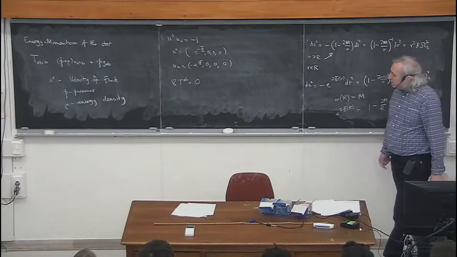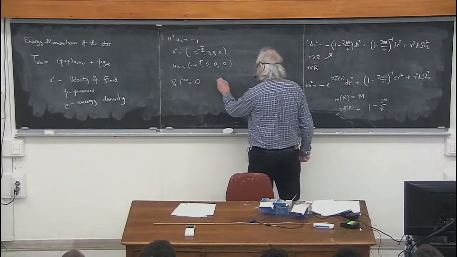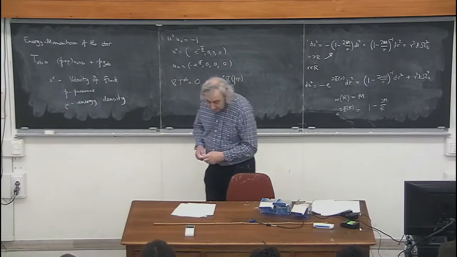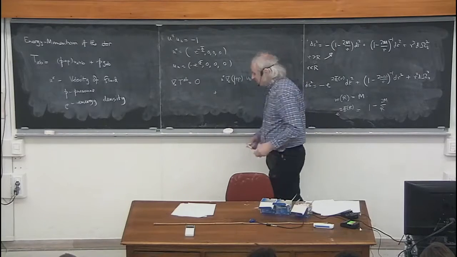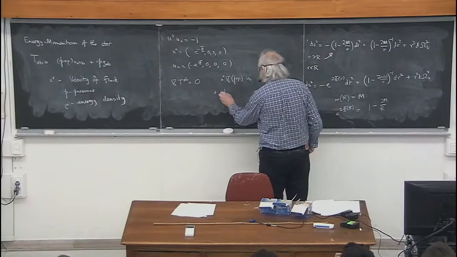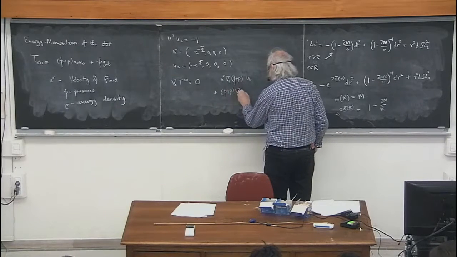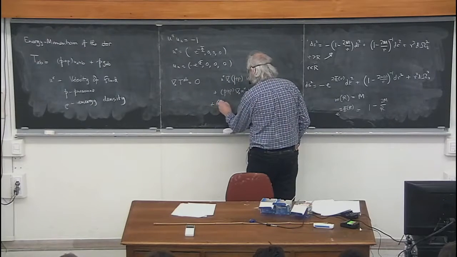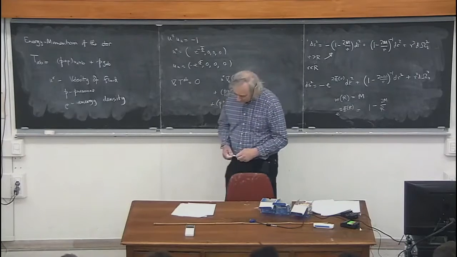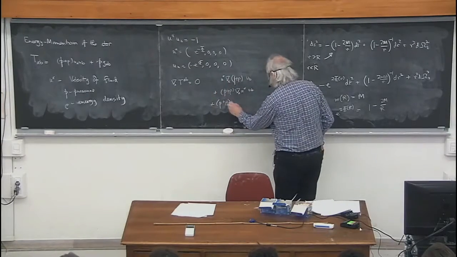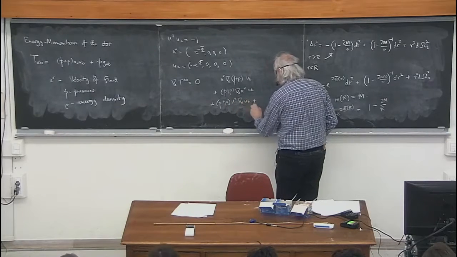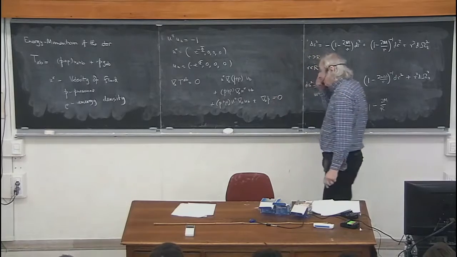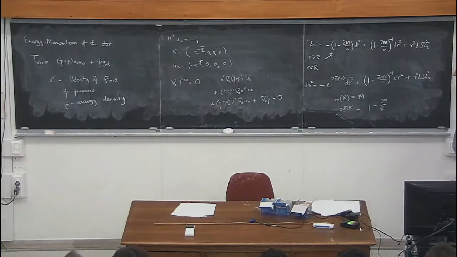If you just substitute in T^AB from the far left here, you'll discover that U^A del_A of (P plus rho) times U^B, plus (P plus rho) del_A U^A times U^B, plus (P plus rho) U^A del_A U^B, plus del^B of P equals 0. So that's just the conservation law.